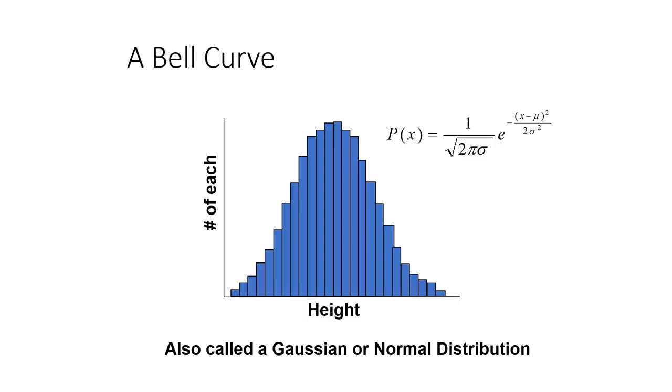The equation describing the bell curve is given in the top right. It's a probability curve where P is probability, and it's of the form e to the minus x squared. And you can see that it has some variables.